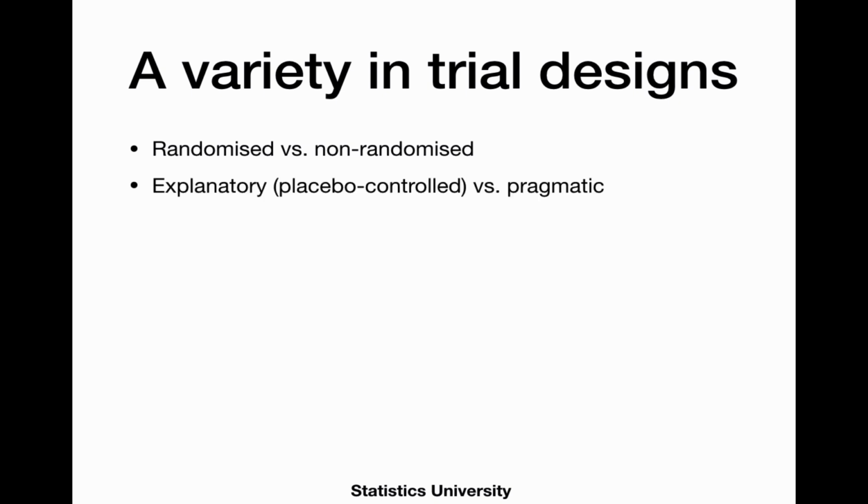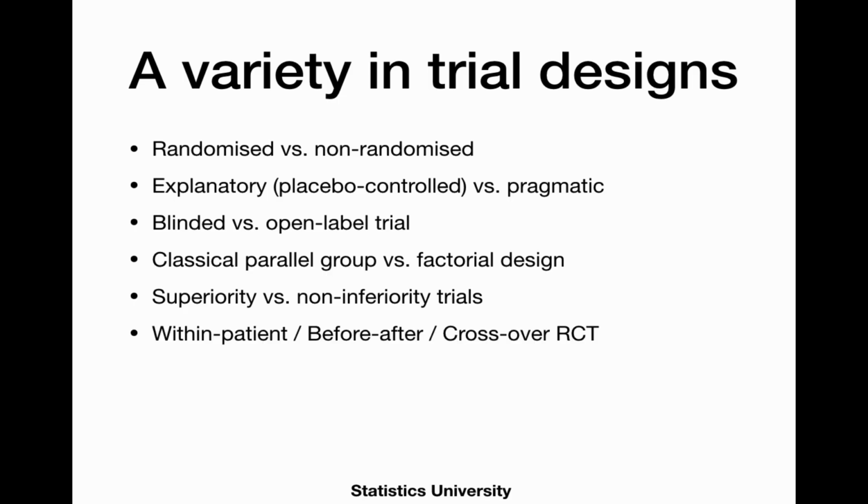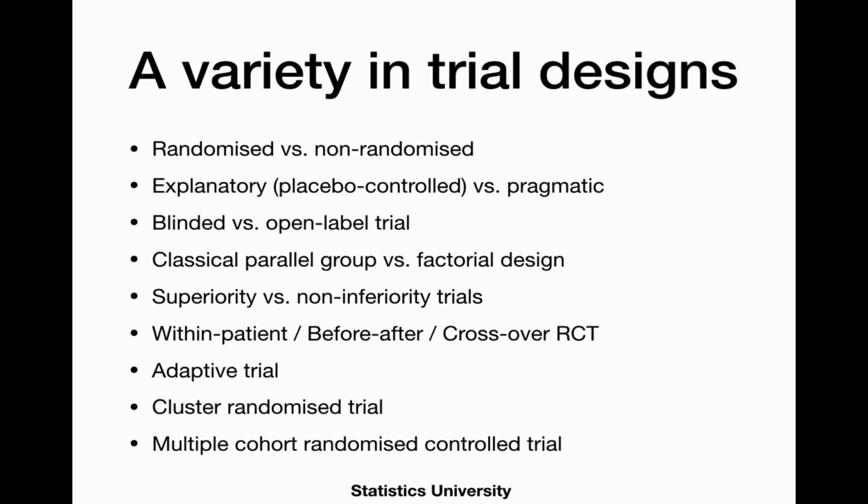You can use an explanatory, so a placebo-controlled study, or a pragmatic trial, a blinded or an open-label trial, a classical parallel group or factorial design trial, a superiority or a non-inferiority trial, a within-patient study, before-after study or crossover randomized controlled trial. You can use an adaptive trial design, and things like a cluster randomized trial or multiple cohort randomized controlled trial. And we will discuss these study designs in detail now.